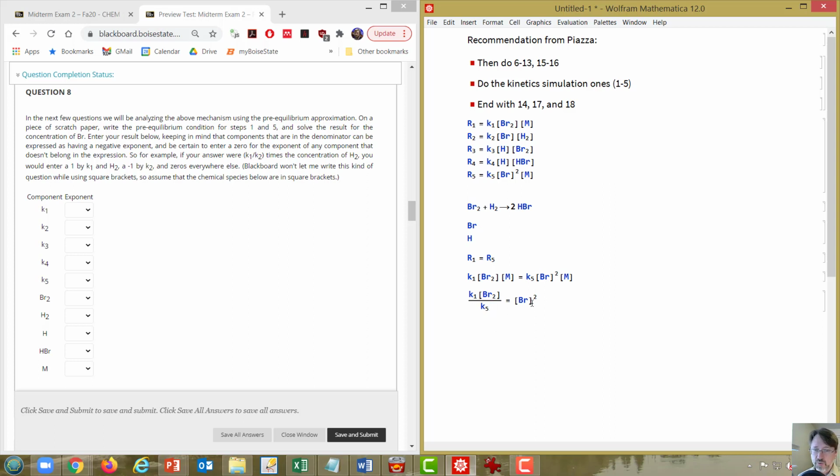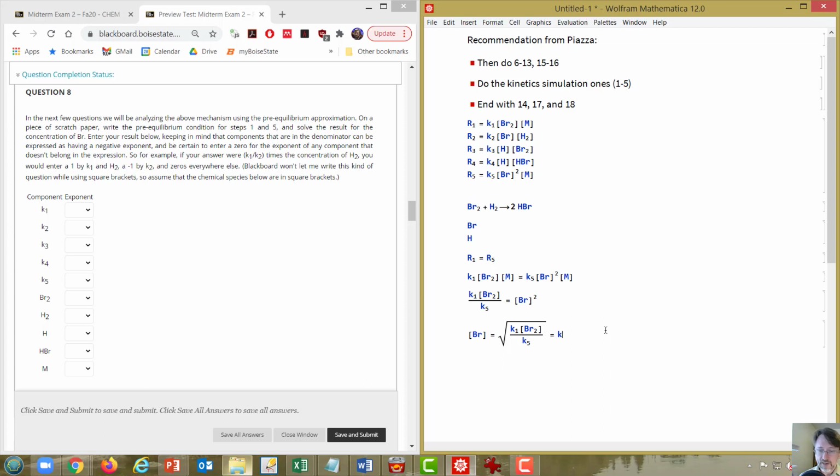And now we need to take the square root in order to get Br by itself. So Br equals the square root of this thing. Well, we're trying to enter this expression in terms of exponents. So what is a square root? It is raising something to the 1/2 power.